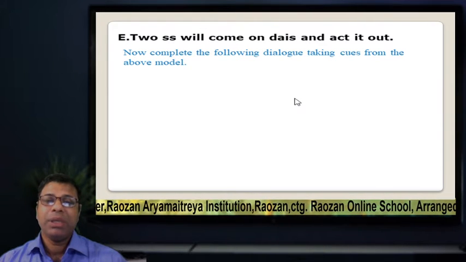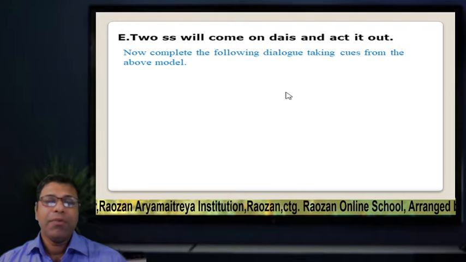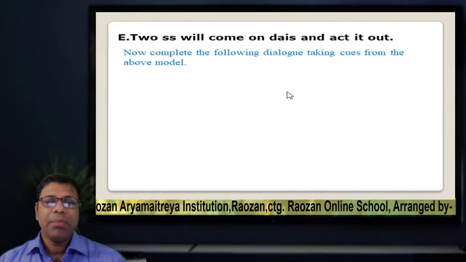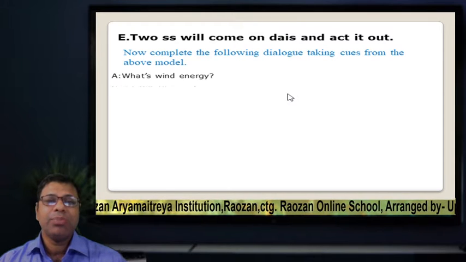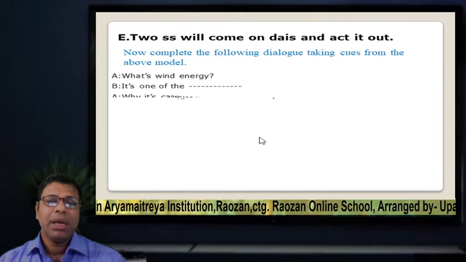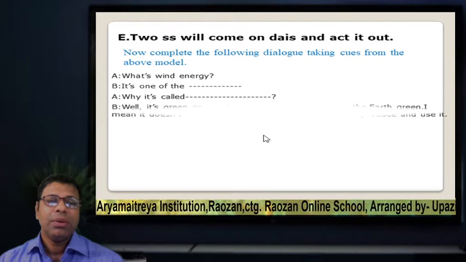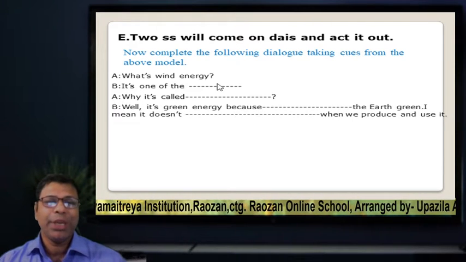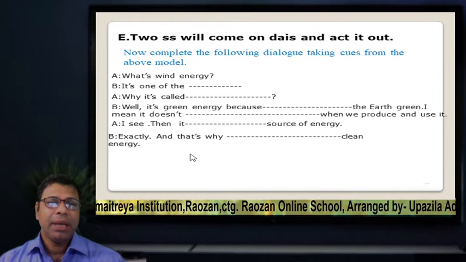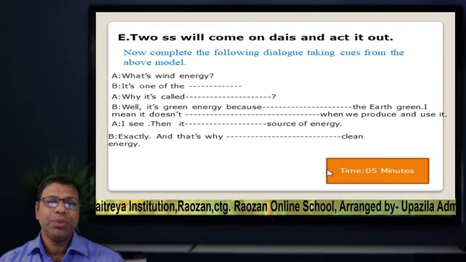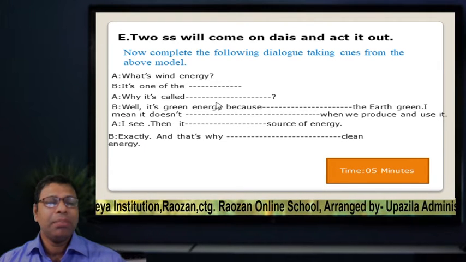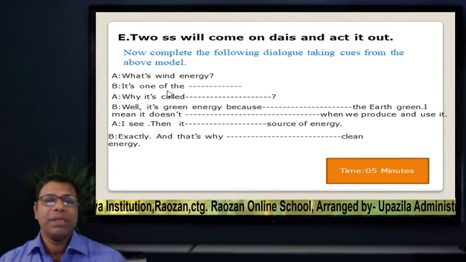If you need to listen to it again, you can, but after listening, you have to complete this dialogue. So, look at the dialogue. What's wind energy? These are the dialogues you have to do. First, try by yourself, then match with me for the answer.